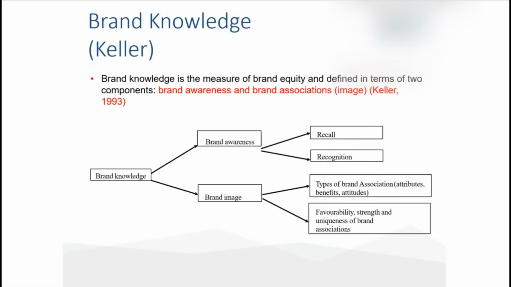For example, when they buy an expensive product, they associate it with maybe the premium product category or with the glamorous product category, or, I don't know, maybe the expensive category of your product. And favorability, strength and uniqueness of brand associations.